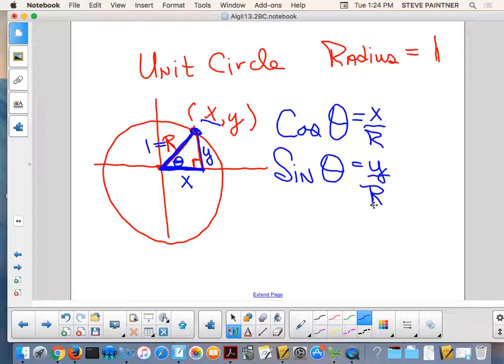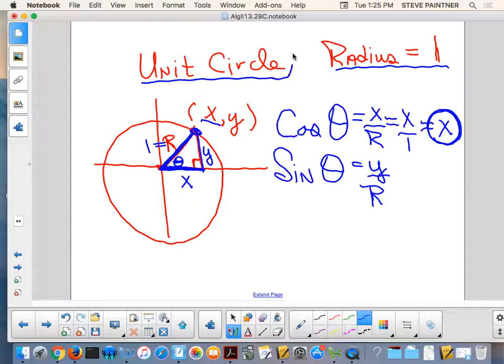Now, answer this question. What is the radius? How long is the radius in the unit circle? Yeah, we said it's right here. It's 1. So if the radius is 1, then the cosine of theta will be x over 1, which is just what? X. Okay, so what they're saying to you is cosine of any angle, if you're talking about the unit circle, is always x.